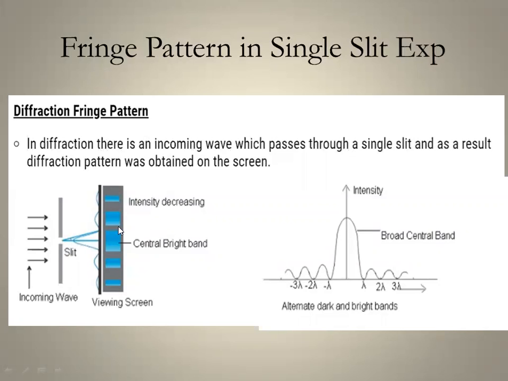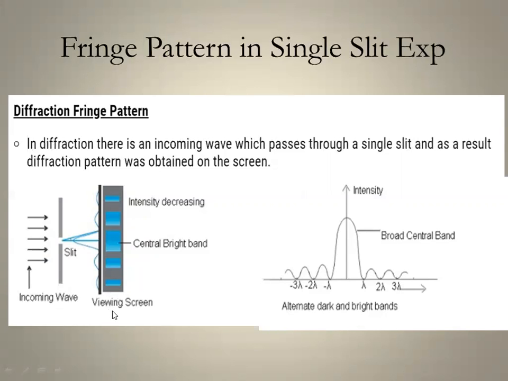There, we saw constant bright and dark fringes captured throughout. If you compare the fringe patterns of the single slit and the double slit experiments, in the double slit experiment the fringe pattern is equal and constant throughout.